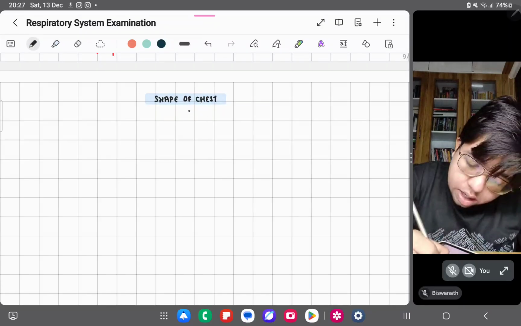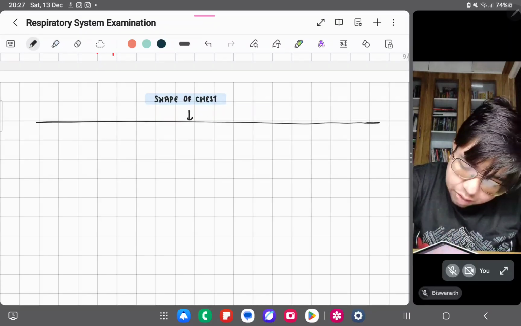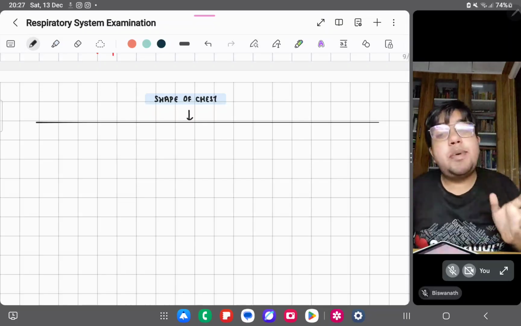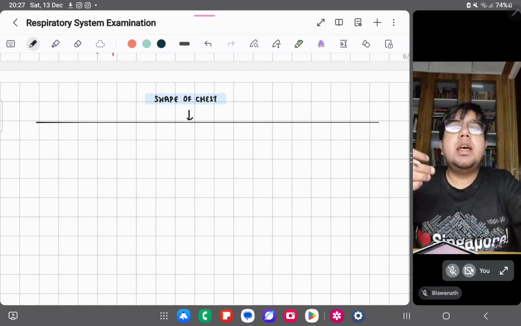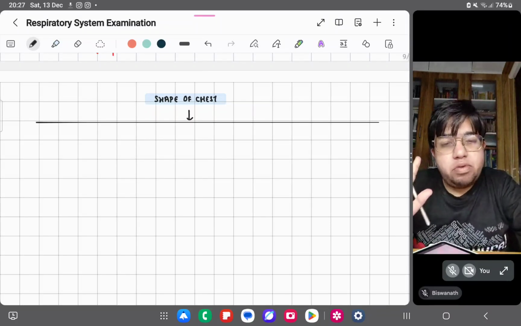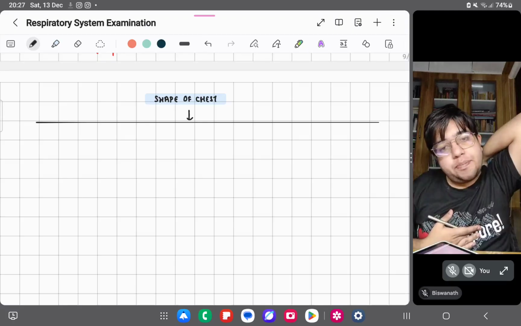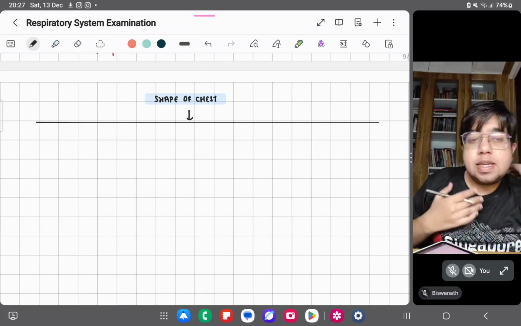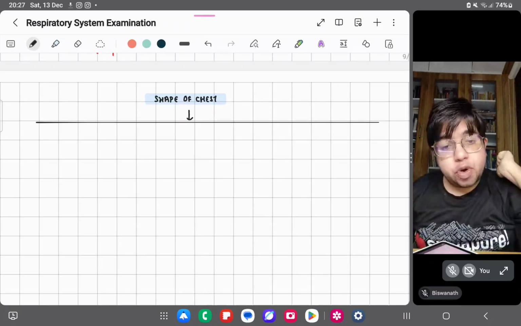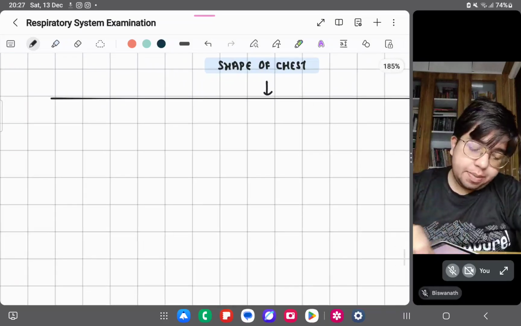How many conditions will we diagnose by just looking at the shape of the chest itself? Look, if I'm telling you chest, it is the chest as well as the spine. So remember the shape of the chest.